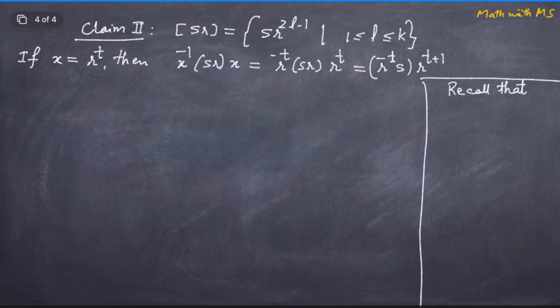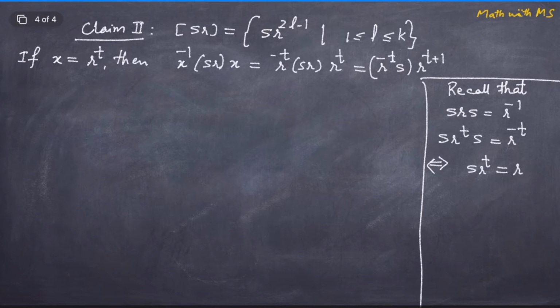Recall that in the dihedral group we have s r s equals r inverse. In fact, we have s r^t s is r^(-t), but that is equivalent to saying that s r^t is the same as r^(-t) times s.